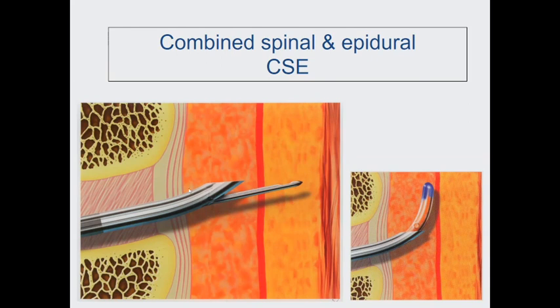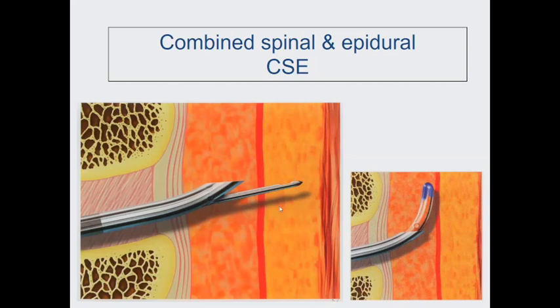So we can use either a needle-through-needle technique, or we can put separate needles, so two needles will be used one by one. So first you put a needle into the epidural space. If you have this set, then through this needle you put another one which should go into the spinal.